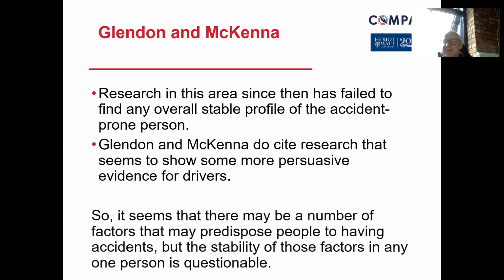So it does seem that there is some theory on this. However, it's not been fully proved, and therefore it's not got the standing it perhaps needs to have from research fields. So it seems that there are maybe a number of factors that may predispose people to having accidents, but the stability of those factors in any one person is questionable somewhat.